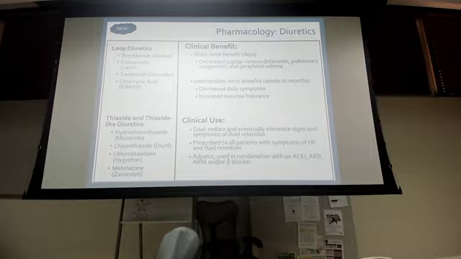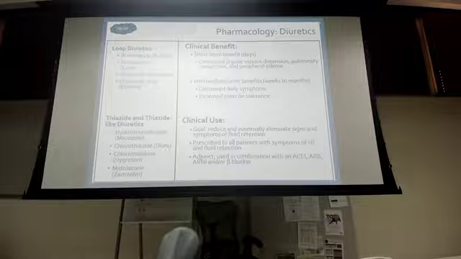Loops, most potent, we already talked about that. There's been some question about my statement that if they act earlier on the nephron, then they're usually more powerful. True, but in the case of the loops, yes, they're more powerful than the thiazides, even though the thiazides act a little bit further down on the nephron, anatomy-wise.